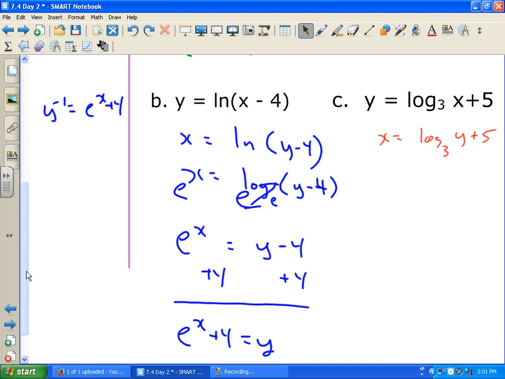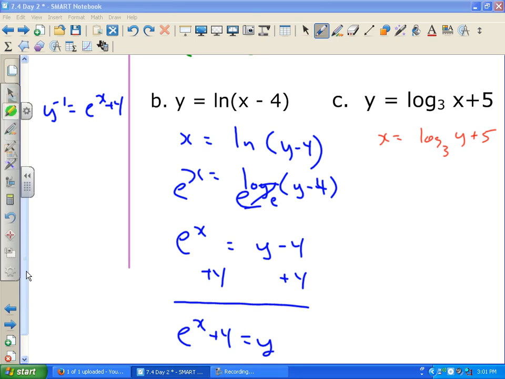Look carefully at the problems and realize that letter B and letter C are very similar, but they're different. Here's the big difference. In letter B, the quantity x minus 4 is connected to the natural log. We know the whole thing, x minus 4, is connected to the natural log because it's told us so with the parentheses.